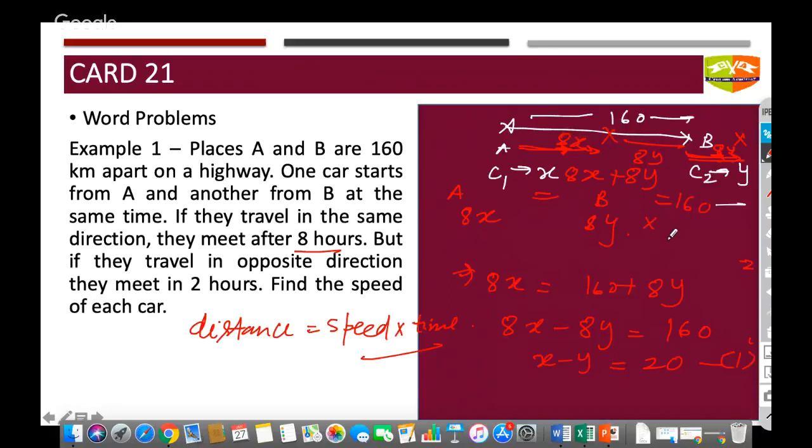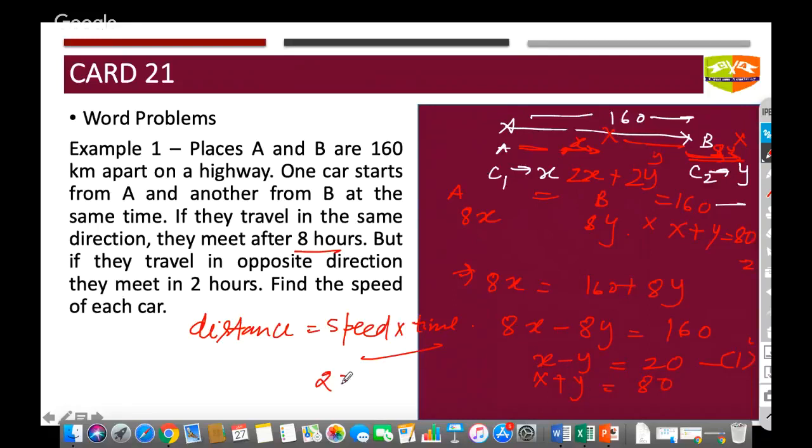So x plus y, no, this will not be 8x, this will be 2x basically, because the time taken is 2 hours only. So I'm just removing this. So 2x plus 2y, so x plus y comes out to be equal to 80. So I write here x plus y is equal to 80.